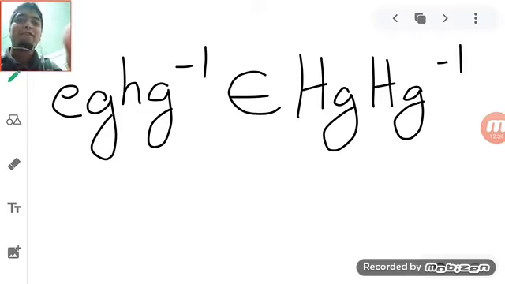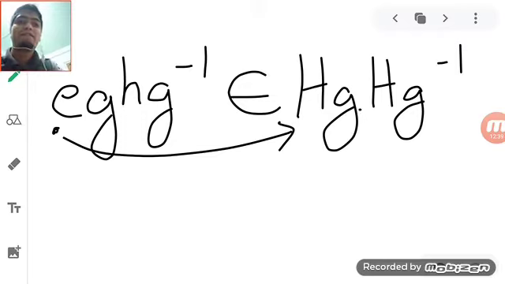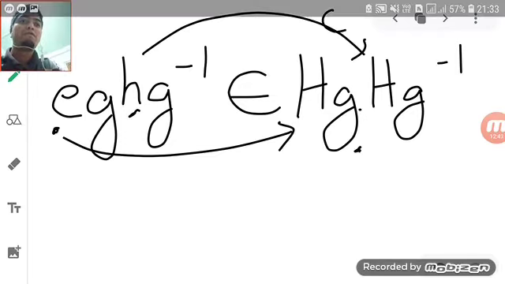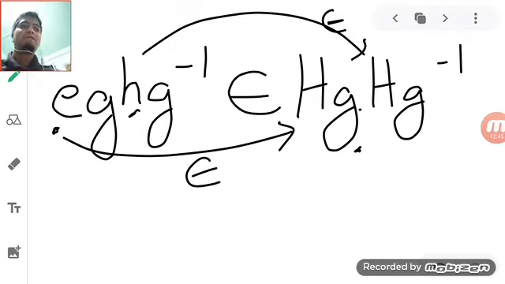The reason for this is that e belongs to H, g is just g only, and this small h belongs to capital H. So we will have this line. But from equation 3, this e you can remove.